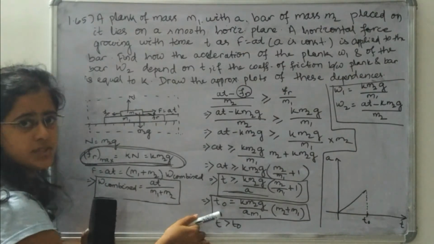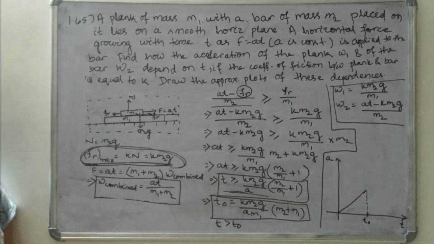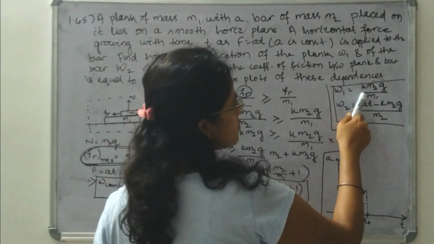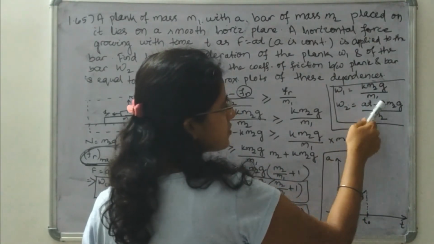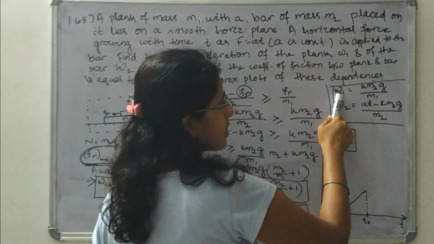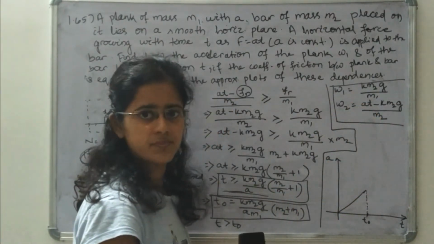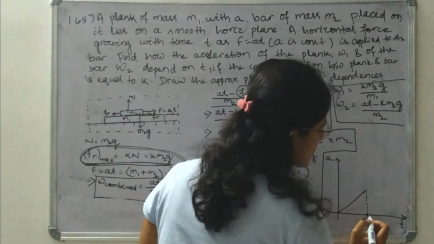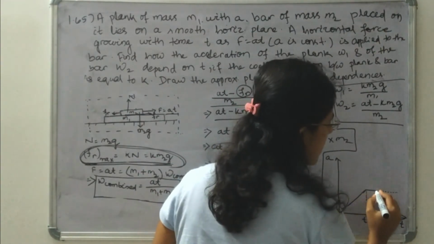After this much time, these two bodies are moving with separate accelerations. That is, the plank is moving with this acceleration and the bar is moving with this acceleration. You can see that the acceleration of the plank is independent of time. That means after this time is reached, the acceleration of this plank is constant.